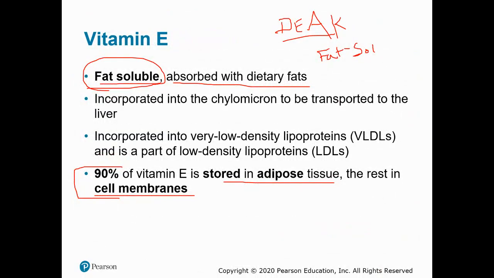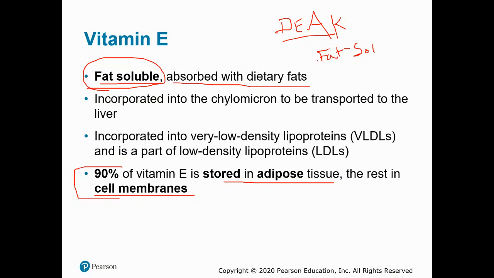So fat-soluble vitamins, we do store quite a bit of them in our adipose tissue, sometimes in the liver, and sometimes small amounts in other fatty parts of the body or of the cell, like the cell membrane.